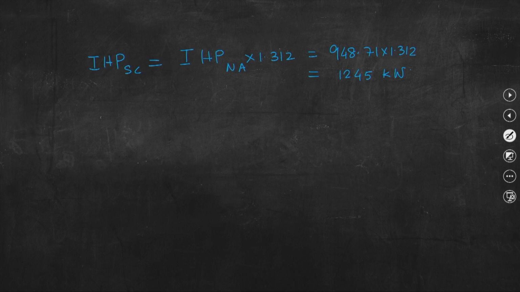So, quickly we can write IHP SC, that is supercharged condition, equal to IHP naturally aspirated into 1.312. We have calculated for the naturally aspirated engine IHP equal to 948.71, into 1.312, and it is coming as 1245 kilowatt. Okay, that is the case.